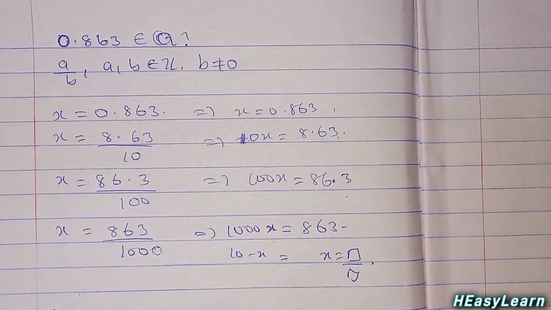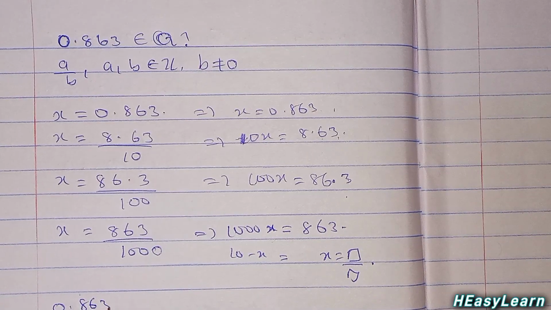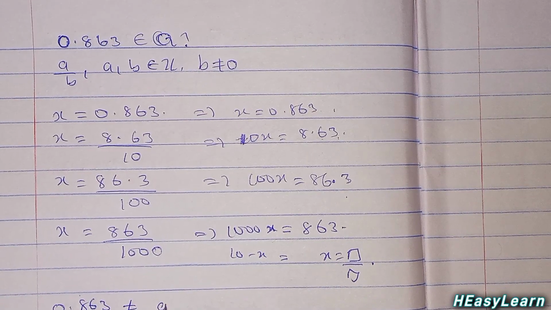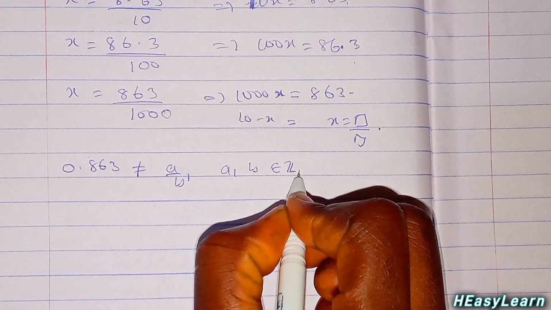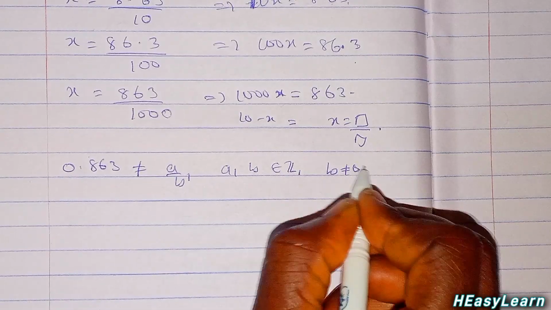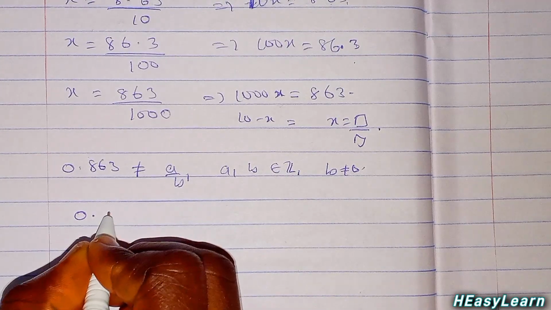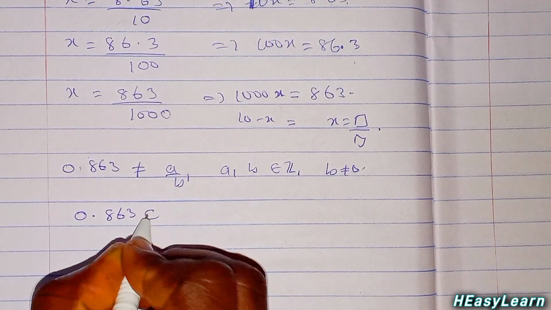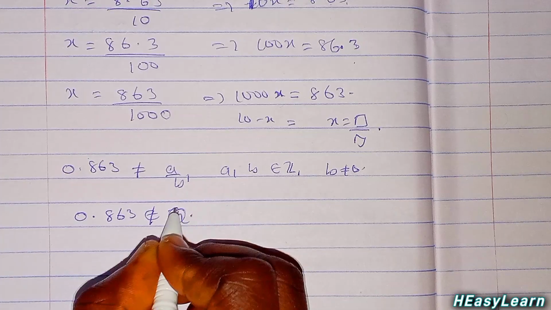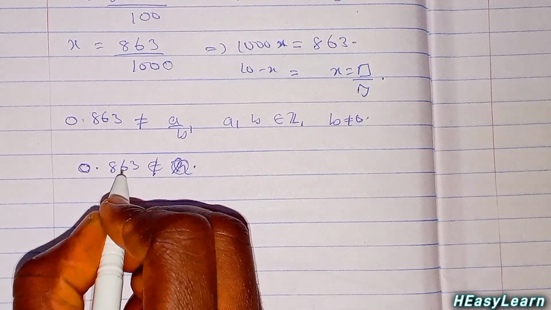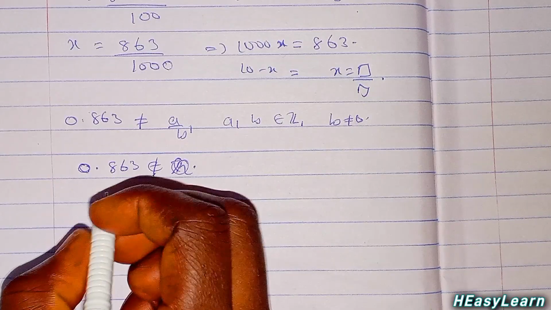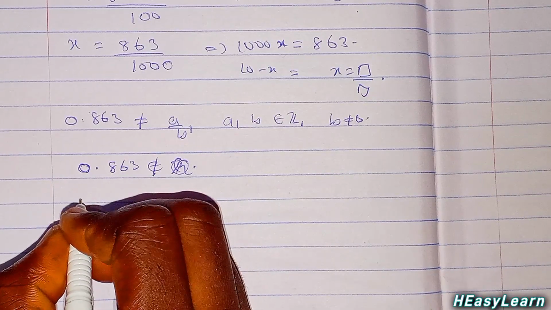So 0.863 cannot be written as a over b, for which a comma b belongs to set of integers and b is not equals to 0. This implies that 0.863 is not in rational number. So again, because 0.863 cannot be written as a fraction of two integers.